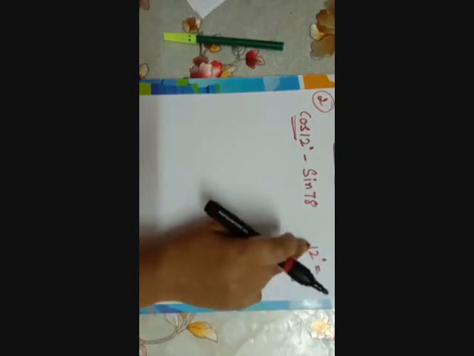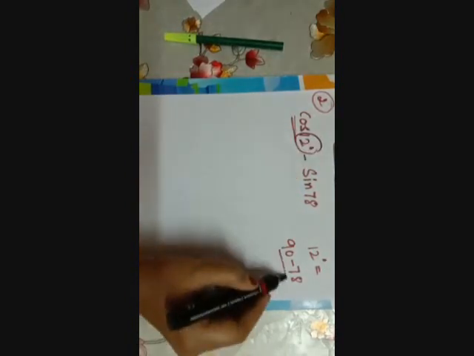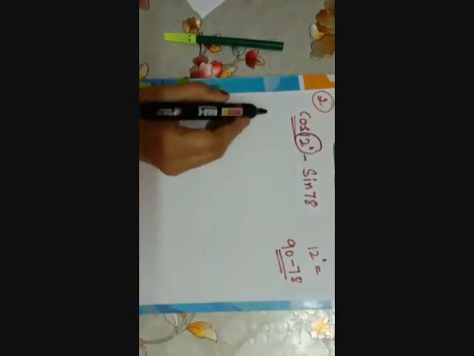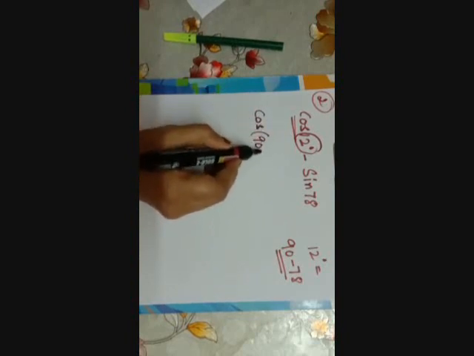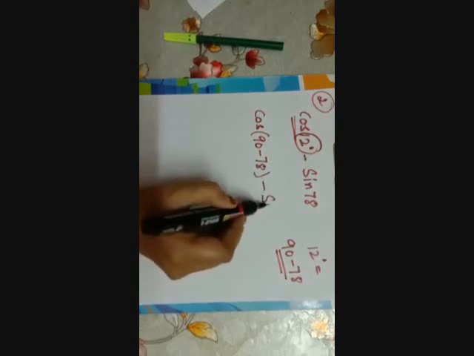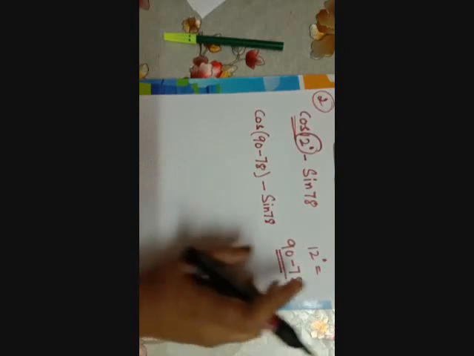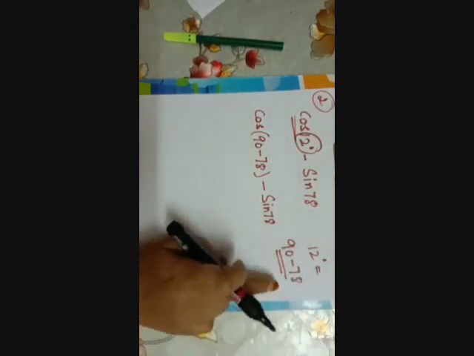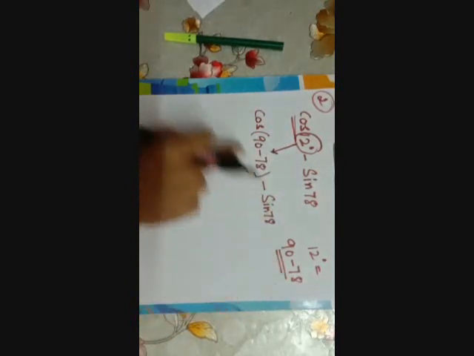If we subtract this, we get 12. So in the place of 12, I'll be writing 90 minus 78. So cos of 90 minus 78, minus sin 78 as it is. Understood? I just replaced this value.